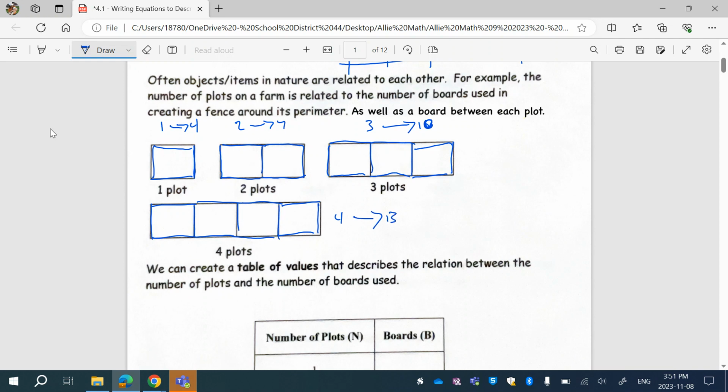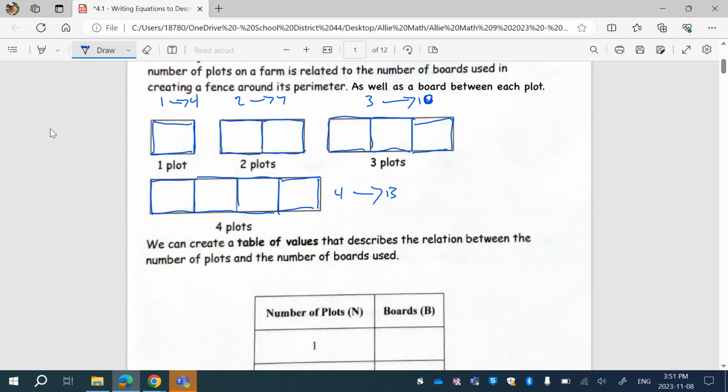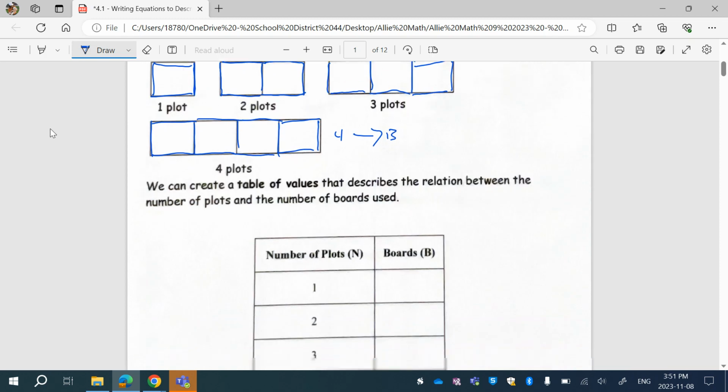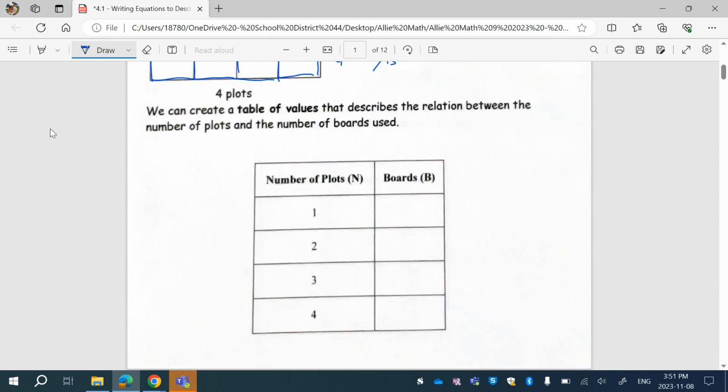And we can put these two sets of numbers into a table of values, and we can start to see the pattern based on these two things. So we can create a table of values that describes the relation between the number of plots and the number of boards used. So for 1, there was 4, if you recall. For 2, there was 7.